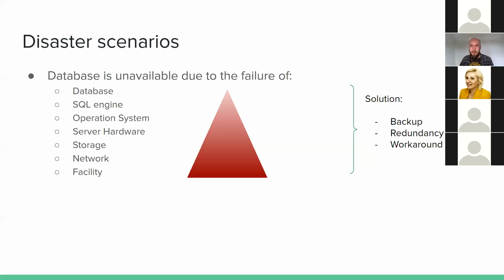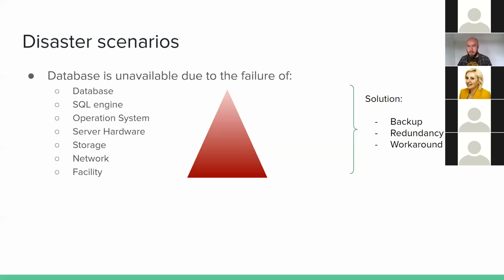And you need to think about how to mitigate the impact at every stage. So for the database, if it's corrupted, okay, let's have a copy somewhere. For the SQL engine, we need to have an up and running instance again somewhere else. The same for the operating system. Server hardware, let's have 2 servers or 3 servers or 4 servers to move the database between them in case of a disaster.